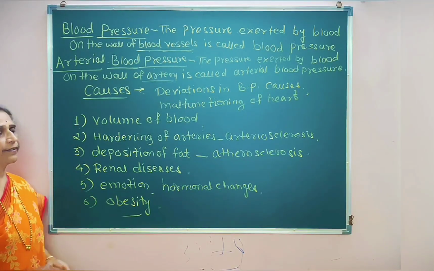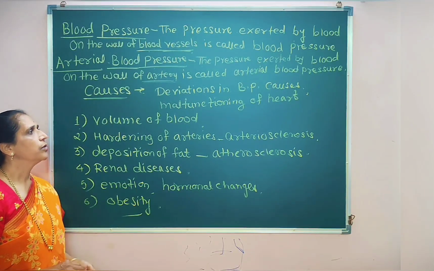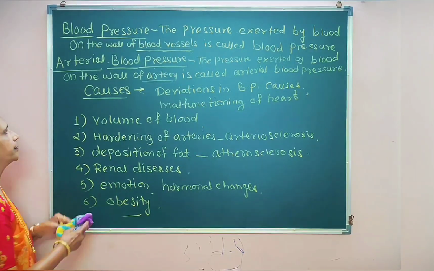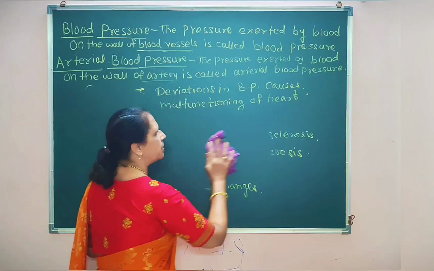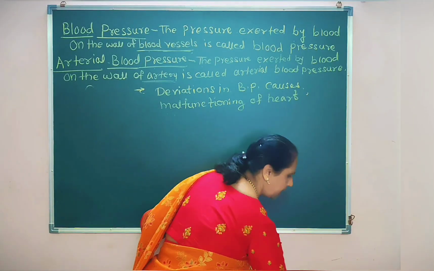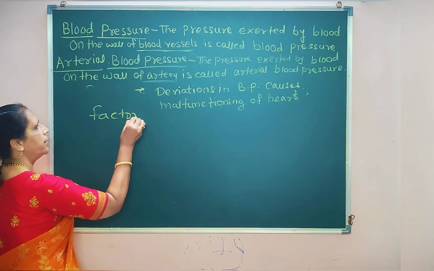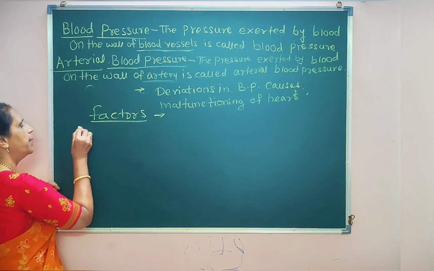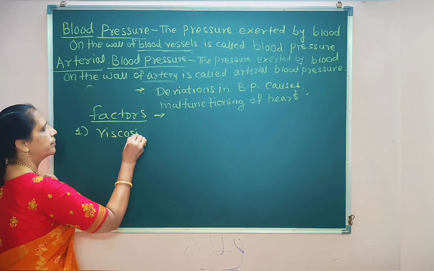There are some factors which affect blood pressure. These factors are also similar to these causes, but there are some additional factors. The factors that affect blood pressure mainly include the viscosity of blood.